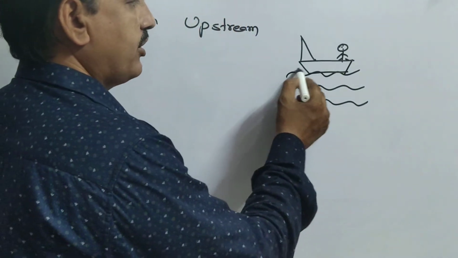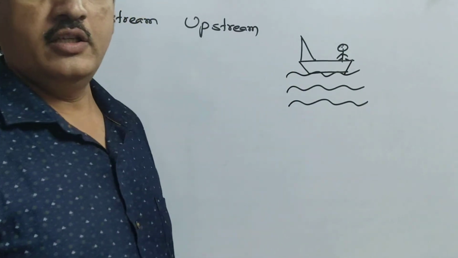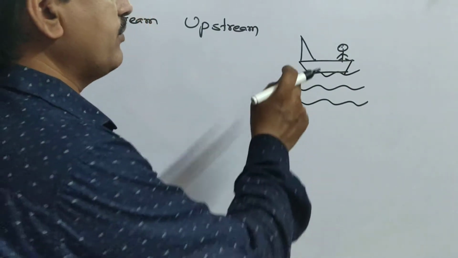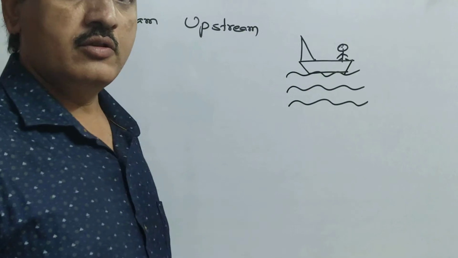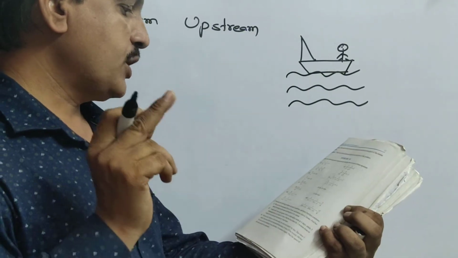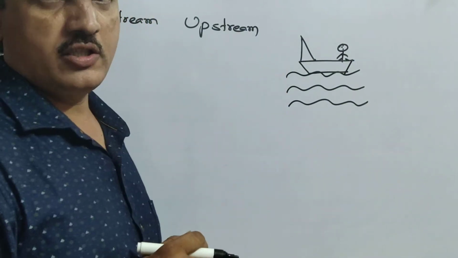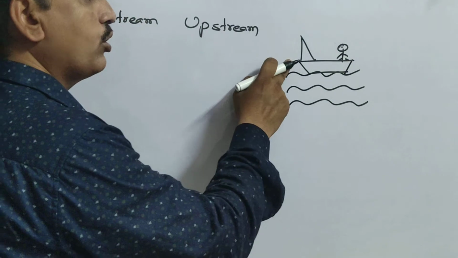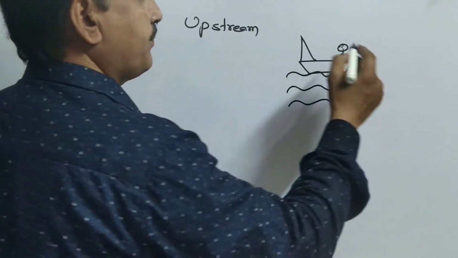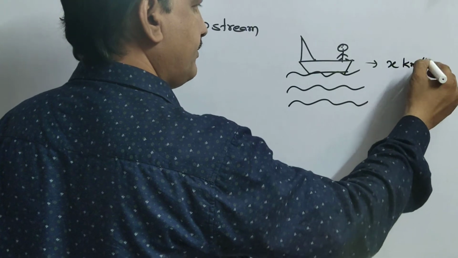Children, if you clearly observe here, water is floating and the ship is lying on that. So speed of the rowing, and the question itself is given very clearly, speed of the rowing in still water. That means the boat is in still water. Okay, so speed of the boat rowing in still water, just take it as x kilometers per hour.